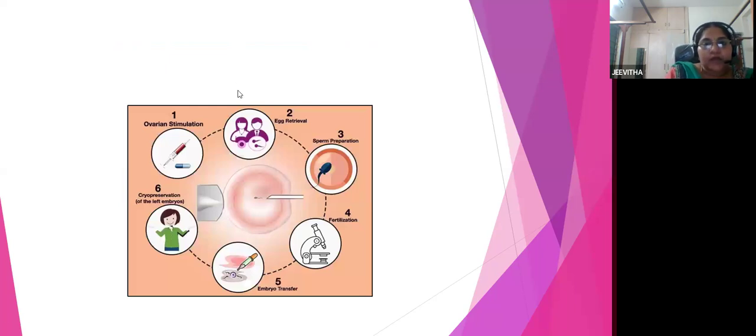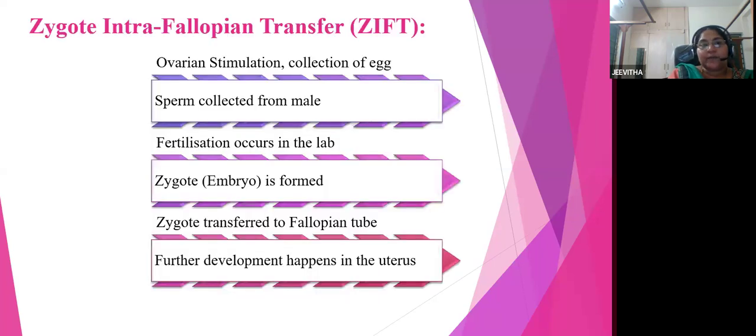As usual, the process here is stimulation of the ovary, egg retrieval, and sperm preparation. Once the sperm is injected into the cytoplasm of the egg and fertilization happens, the embryo is transferred to the expectant mother, and then they follow the doctor's advice.